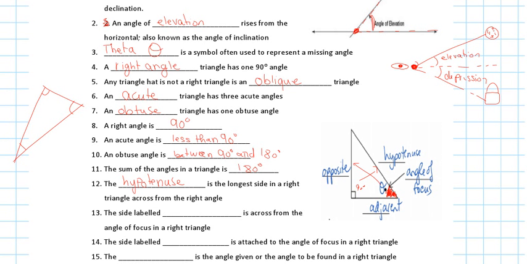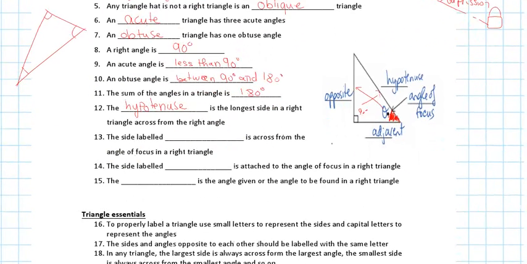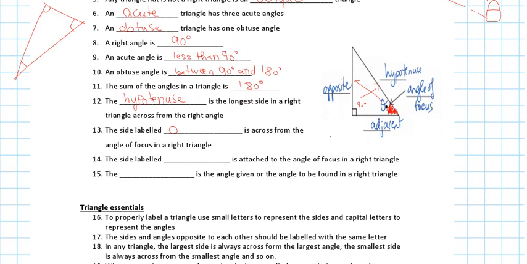So the side labeled opposite is across from the angle of focus in the right triangle. And the side labeled adjacent is attached to the angle of focus in the right triangle.